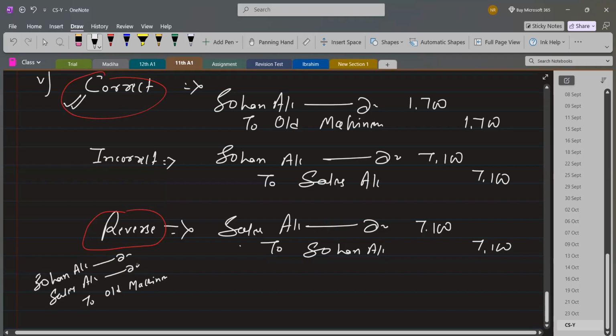Yes, we cannot cancel Sohan because the amount is different, and there is no sales in the correct entry also. So what do we do? You tell me, I have asked the question from you.